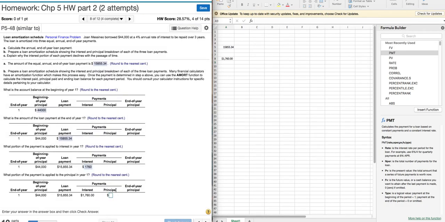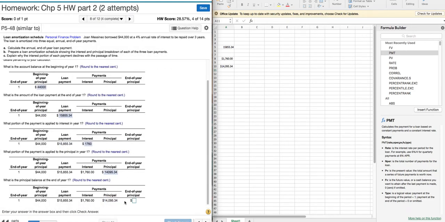What does that mean our principal is for year 1? If our payment was $15,855.34 and we're paying interest of $1,760, then the difference has to be the amount of principal. So the principal portion for year 1 is $14,095.34.